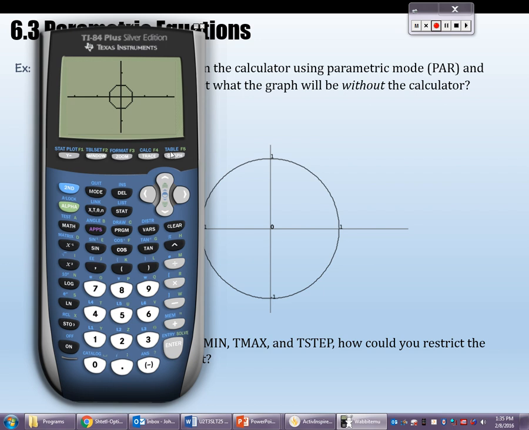What about translation? Let's say we want to translate this picture right 1 unit. Instead of having it centered here at the origin, I'd like it to be centered at the point (1, 0). How would I have that happen? How can I modify these equations? We only want to move the x coordinate.